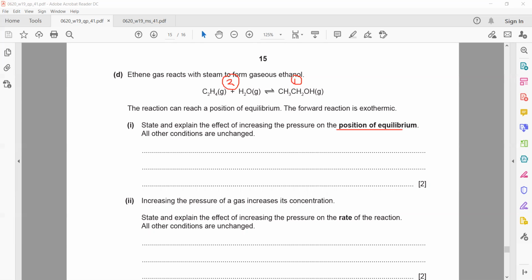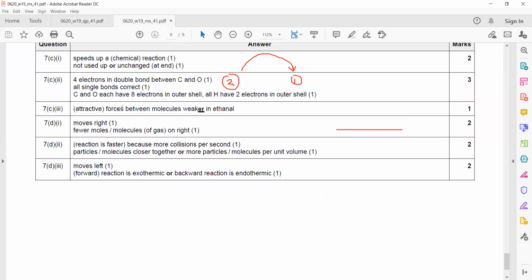Increasing pressure shifts the equilibrium towards the side where the number of moles is less. So in this case it will shift towards the right-hand side, and you will mention the reason: because fewer moles of gas are there on the right-hand side.